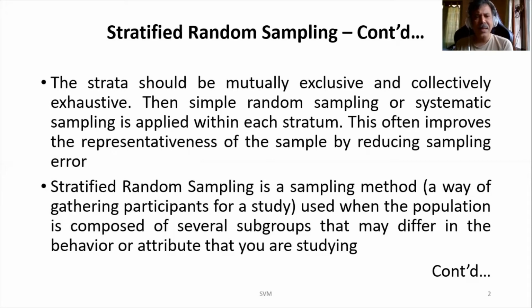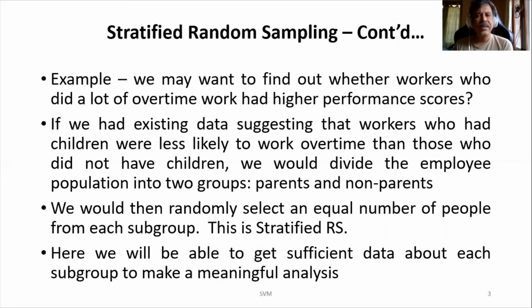So it is a sampling method, a way of gathering participants for a study, used when the population is composed of several subgroups that may differ in the behavior or attribute that you are studying. For example, suppose we want to find out whether workers who did a lot of overtime work had higher performance scores. Here again I may think about what the different types of workers are.